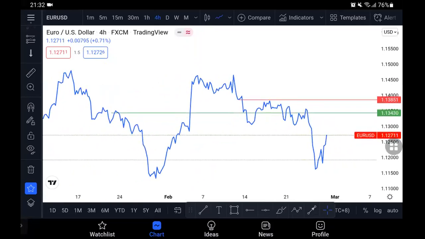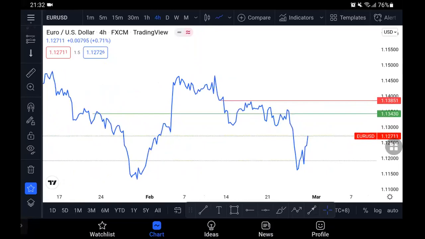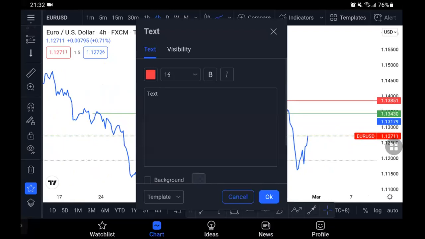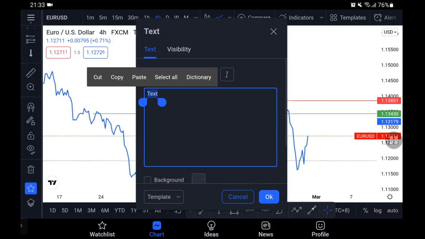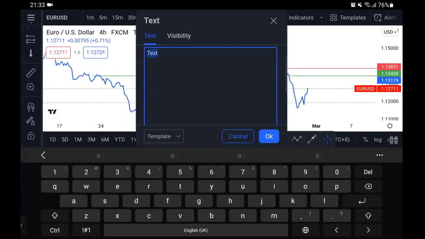So we have the daily as buy and right here. Buy daily, this one.